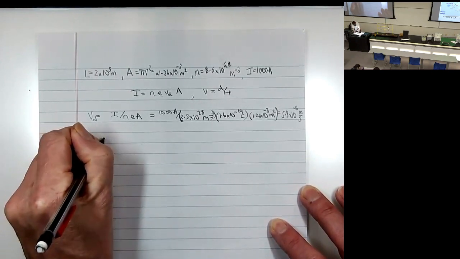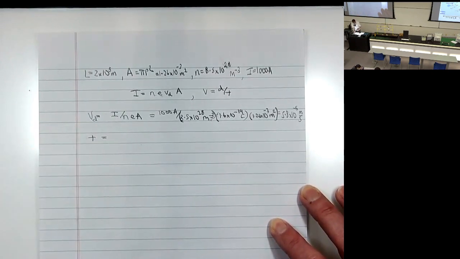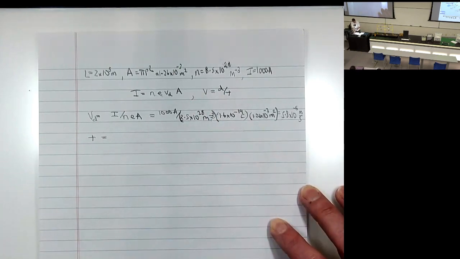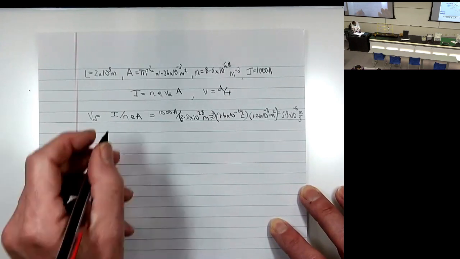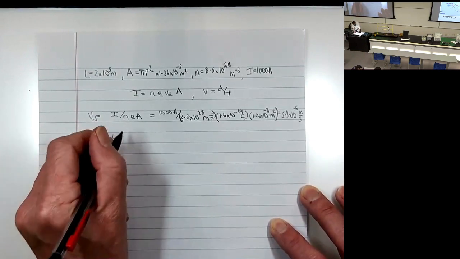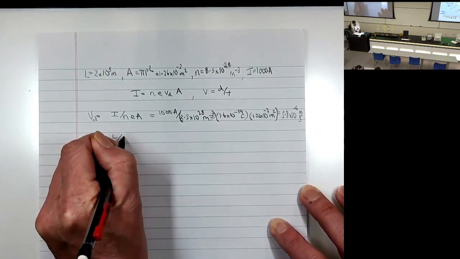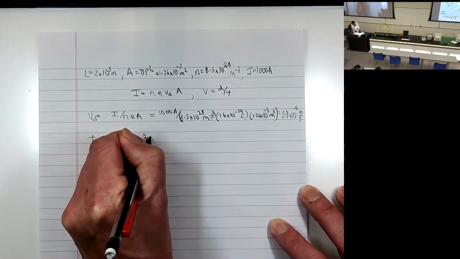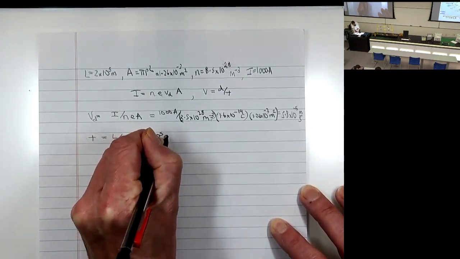So the time that the electron will take to go the entire length of the wire, if I just rearrange this definition of speed for the time, is going to be the distance that it's going to travel, the length of the wire in my example, divided by the speed that it travels at. So the distance was 2 times 10 to the 5 meters.